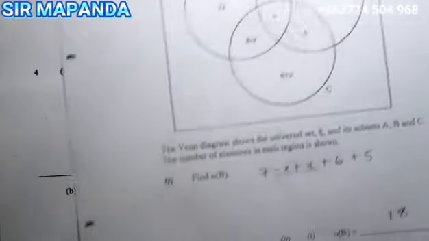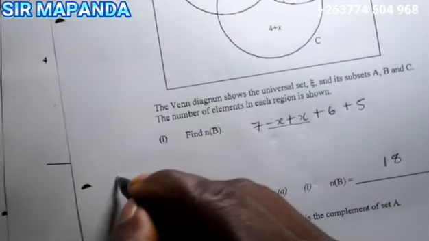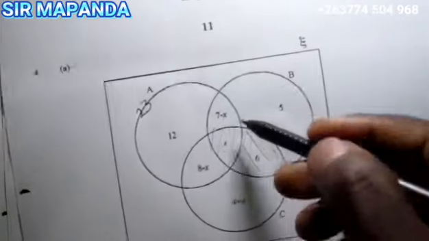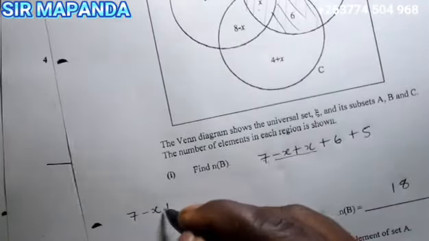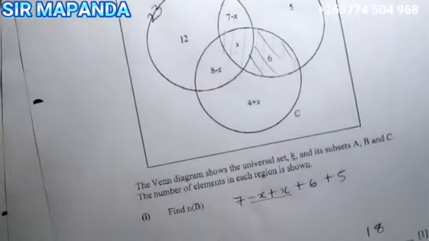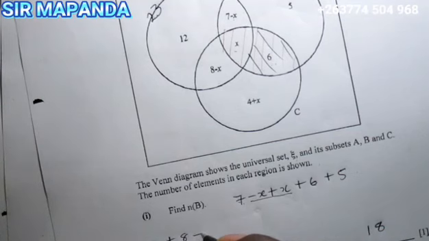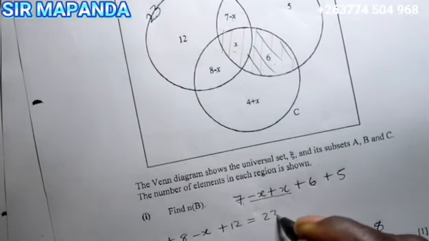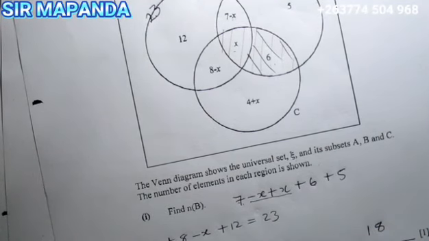So we have 7 minus x, which is in set A, to be added with x here, which is also in set A, to be added with 8 minus x, add it with 12, equate it to 23.